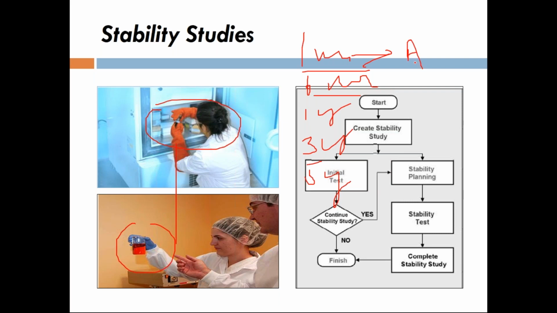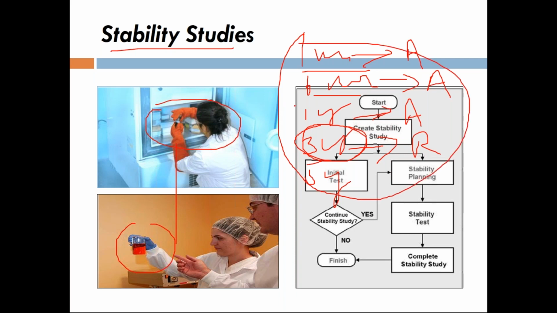Sample is okay, accept. After 6 months, they take the 6-month sample and test. It is okay. After 1 year, they take the sample, test, accept. Let's say after 3 years, they take the sample and do the inspection, but it gets rejected. Then the 3 years will become its expiry. That's stability studies.